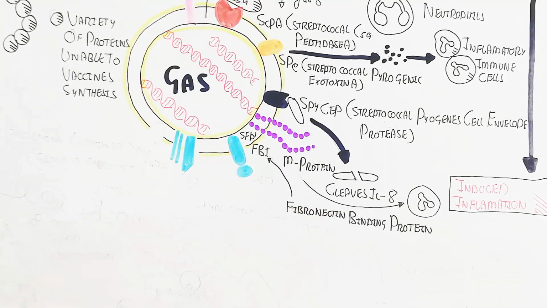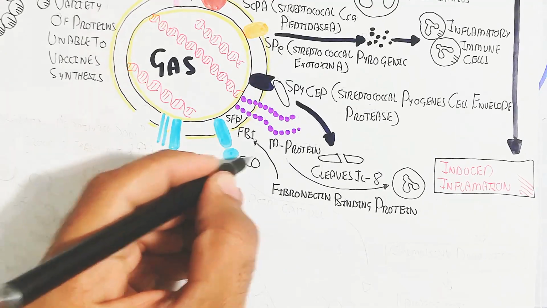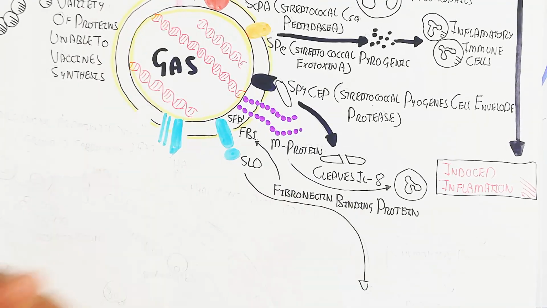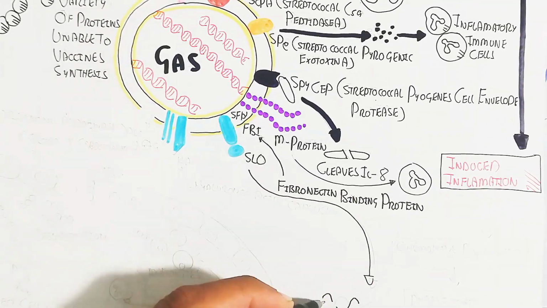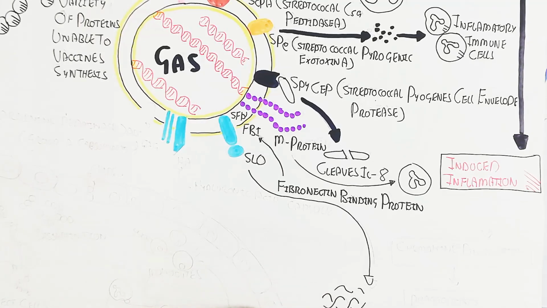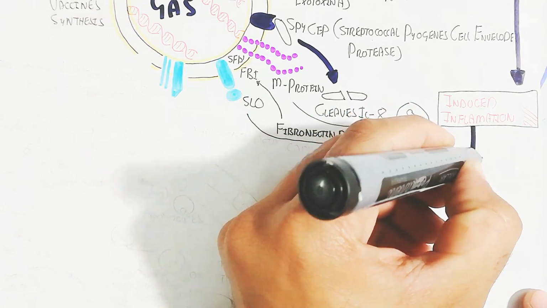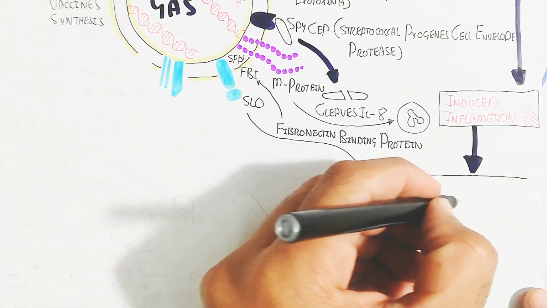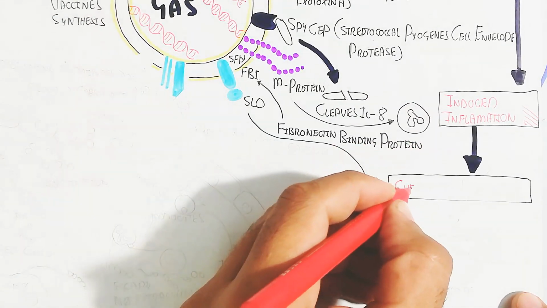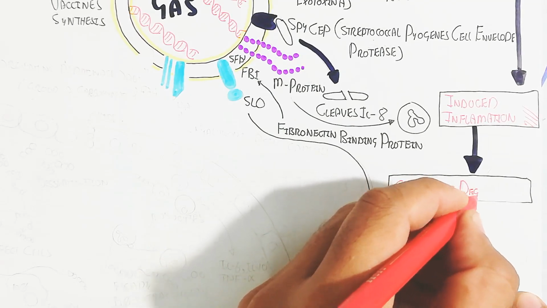The M protein inhibits the function of the neutrophil, and the fibronectin binding protein also plays an important role with SFP1 to inhibit the immune function.